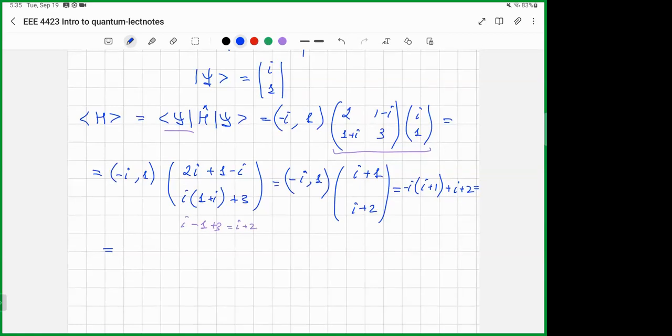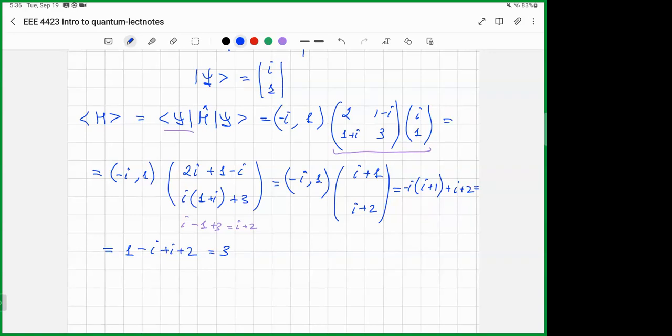All right. So the minus I times I gives us 1. Then minus I, then plus I, and finally plus 2. Okay, so minus I plus I cancel out, so the answer is 3.